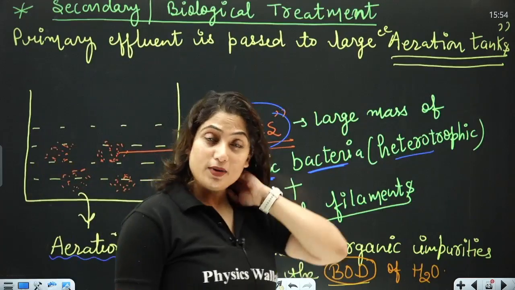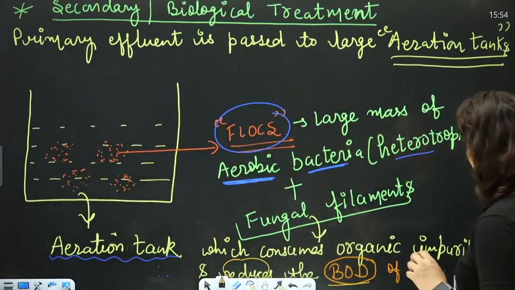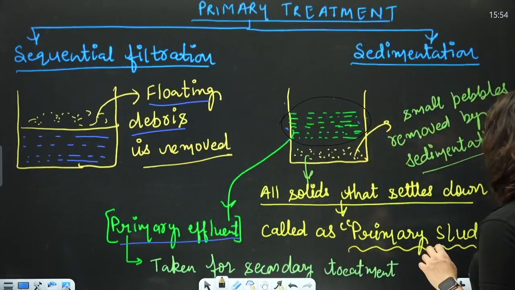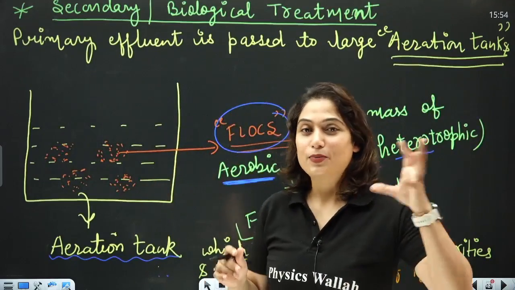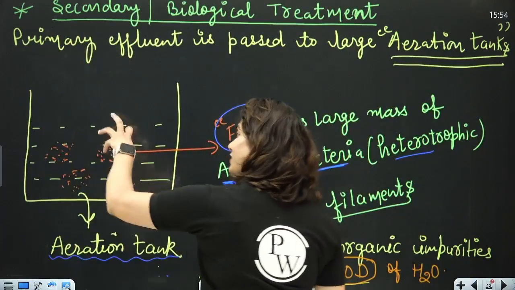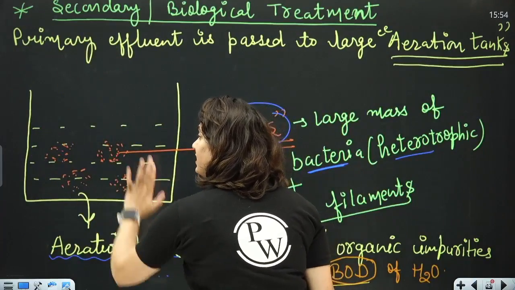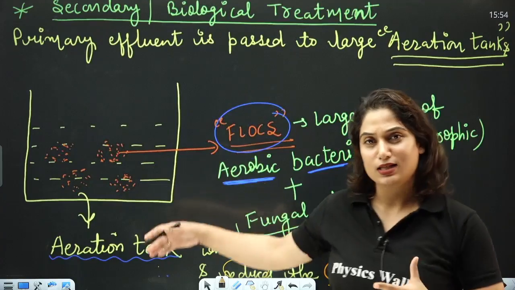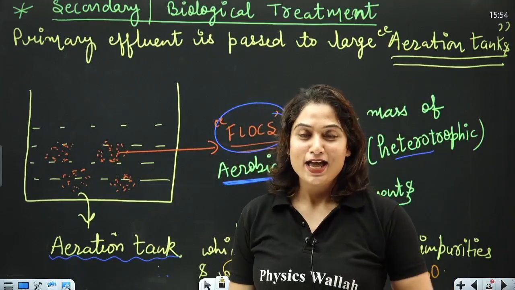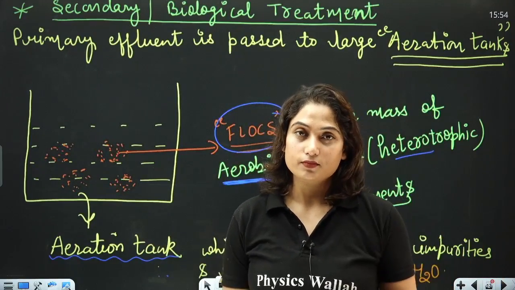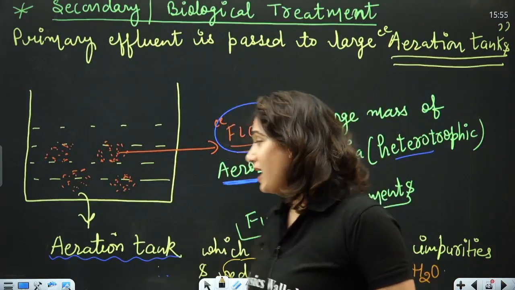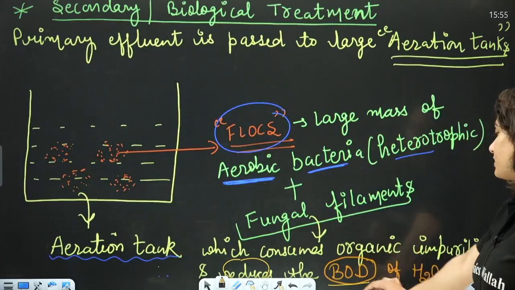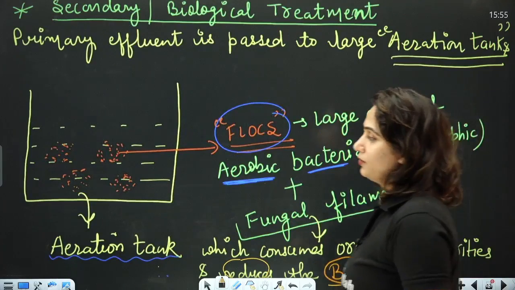Now this primary effluent, which we have obtained from primary treatment, is passed on to this aeration tank, and when it is passed on, the bacteria and the fungal filaments present in this aeration tank remove the organic impurities from the primary effluent, and they reduce the BOD of water.